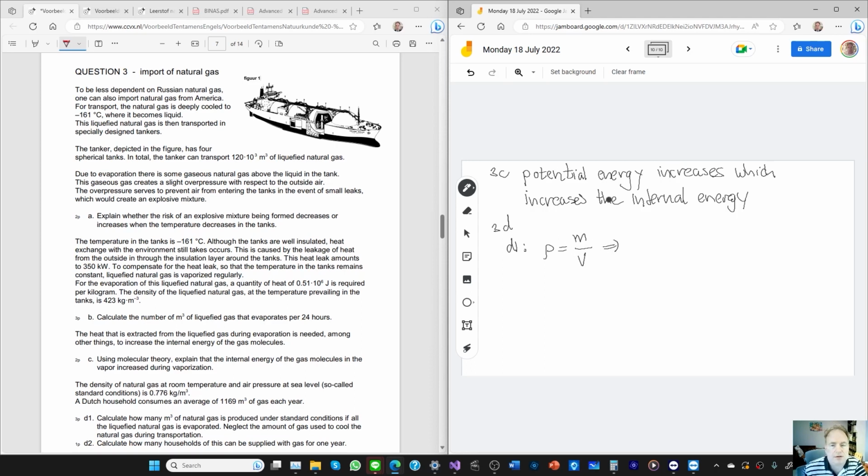So the mass we have is just rho times the volume, and rho is given by 423 kilogram per meter cubed times the volume here.